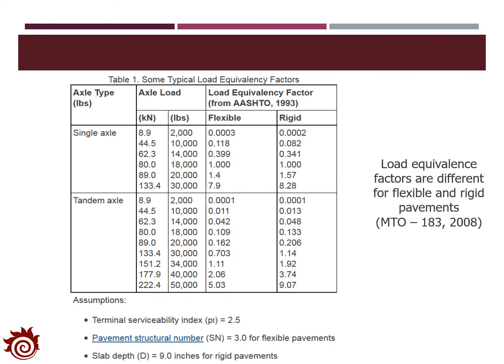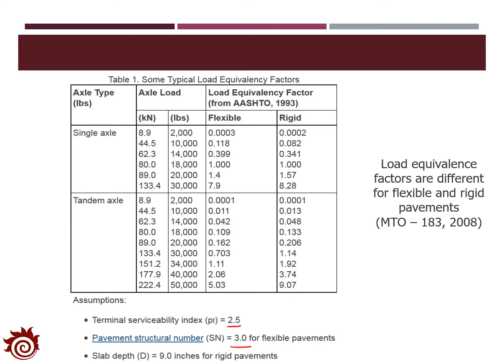The table here provides more typical load equivalency factors for the flexible and rigid pavements with different axle loads for single and tandem axles. For the flexible pavement, the terminal serviceability is defined as 2.5 and the pavement structural number is set as 3.0.